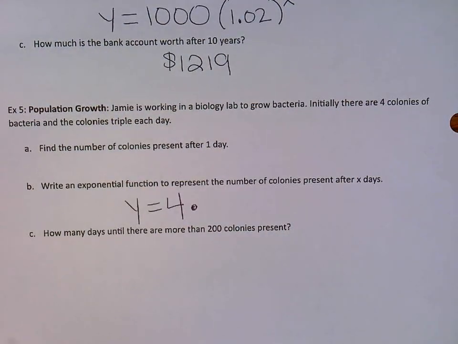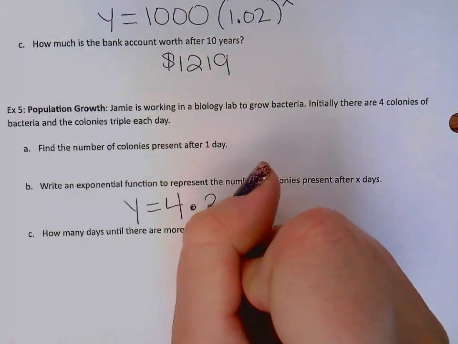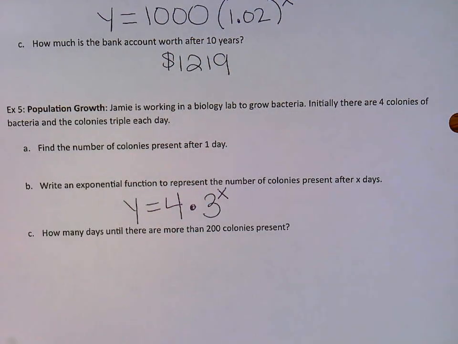What should I use as my ratio to show that it's tripling? Yeah, multiplying by 3 each day, so to the x power. So you can do the first day and then use your table to figure out when you get to 200. So see how it's the same exponential type function each time. So by doing it over and over, that should be able to stick, hopefully.